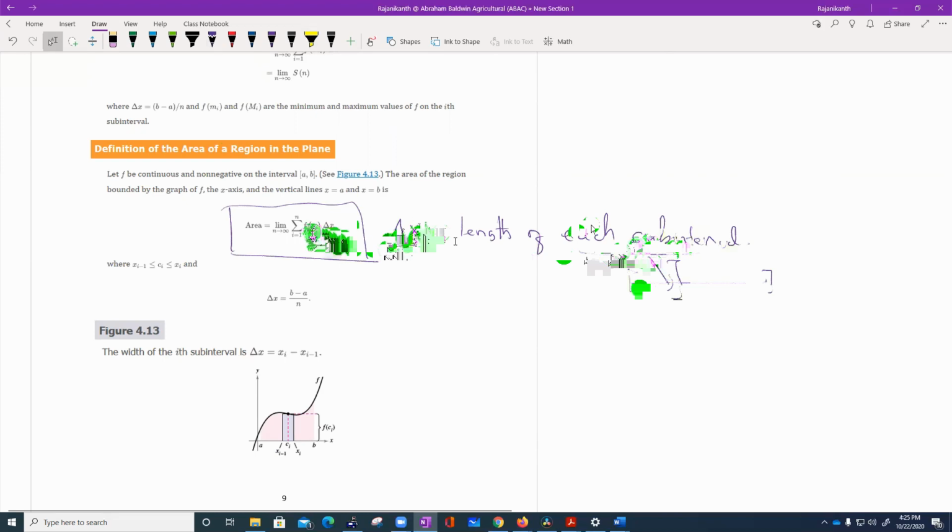You are finding the function value like earlier, finding the area of the rectangle. But now here you are chopping up into n subintervals, right? After finding the area in terms of n, we let the n go to infinity to find the very, very good approximation of the area. So we use this formula. So if you are asked to find the area with the limit definition, you have to use this formula.